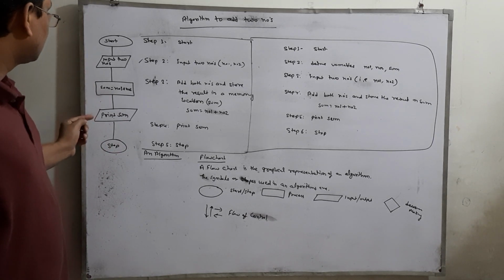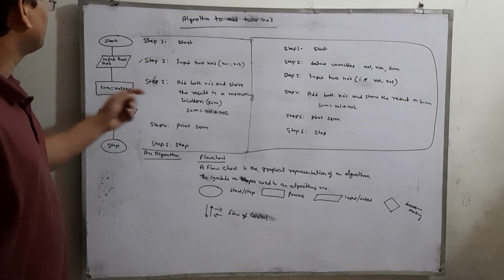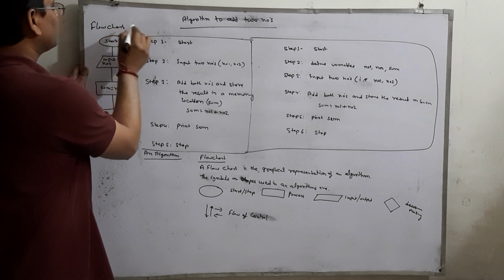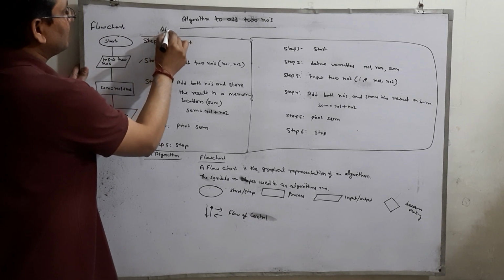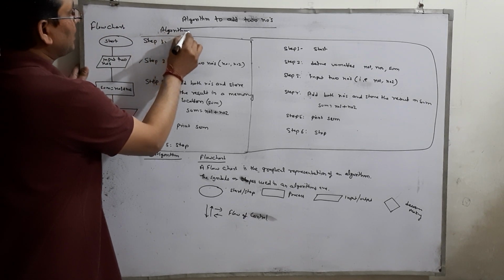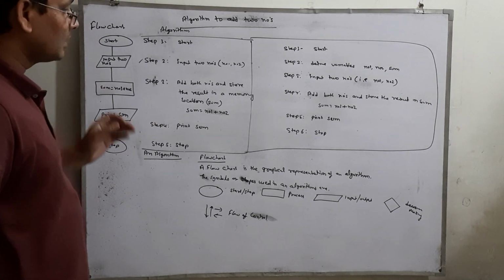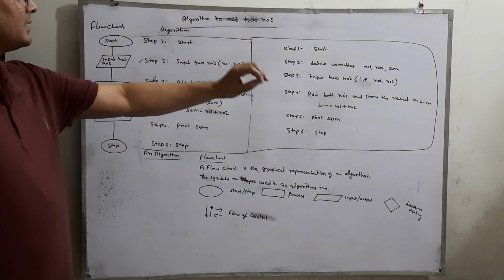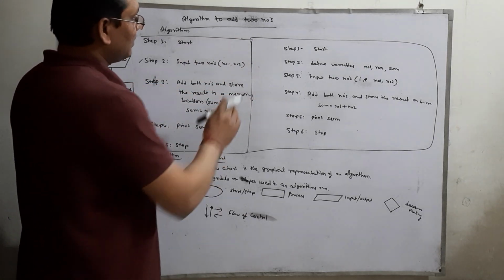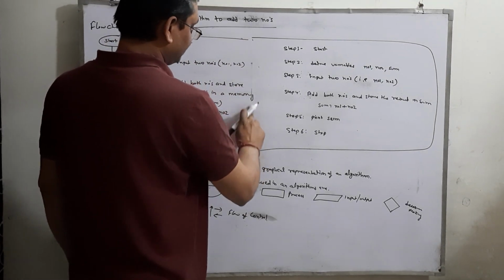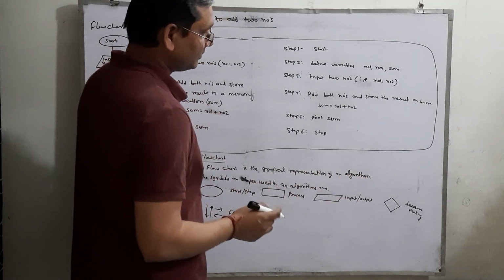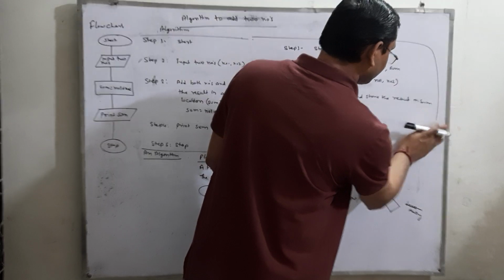This is the flow chart and this is the algorithm. If we are writing a program in this way, we also can write here. There is no need for long spaces. Step 1, that is start.